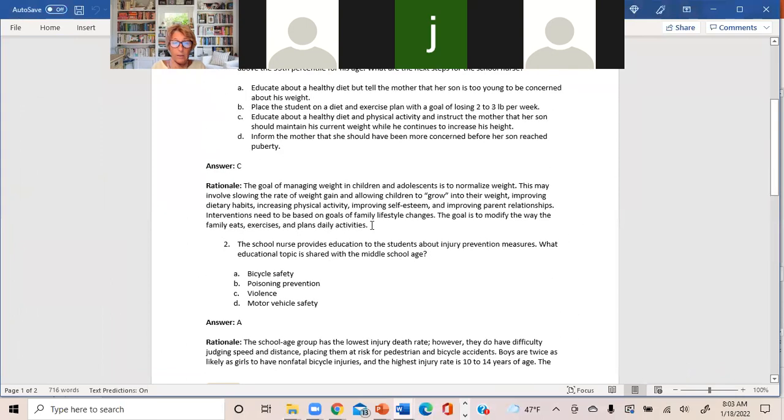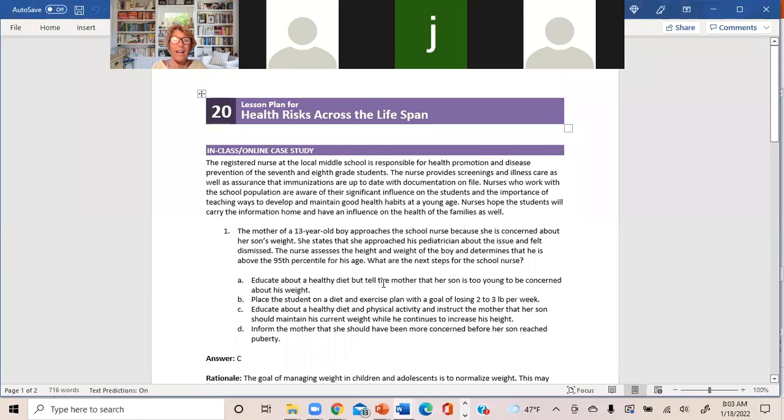These are excellent. These come from my Evolve. This is part of the lesson plan that is given to me through Evolve. And so I like to pull out all the case studies, because there's a good amount of questions that come up on the exams that are taken from these particular case studies.